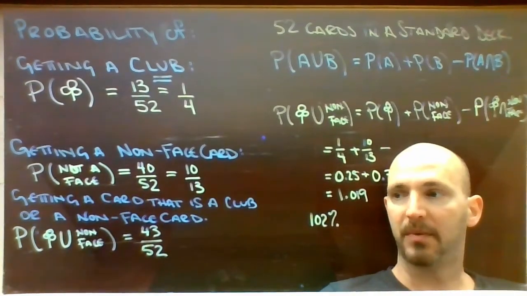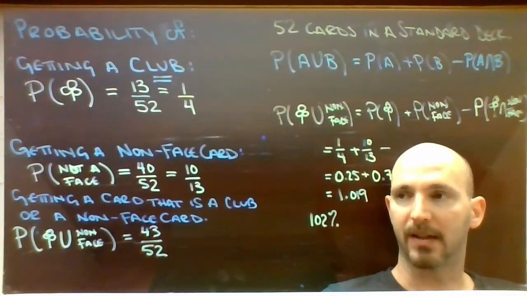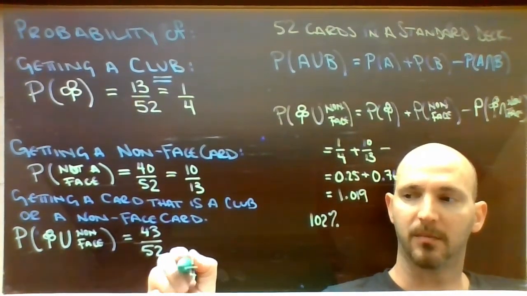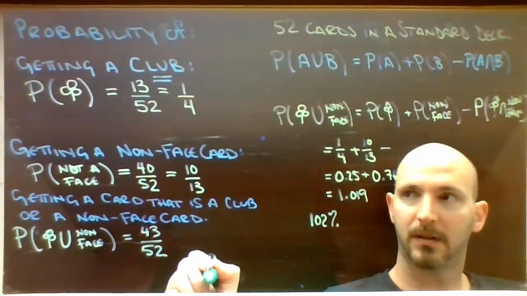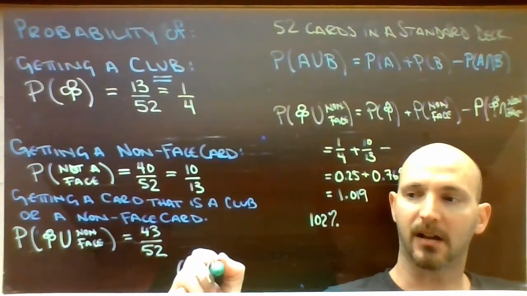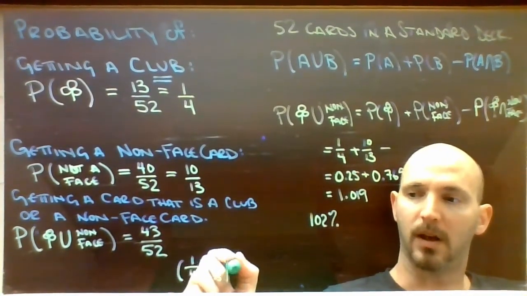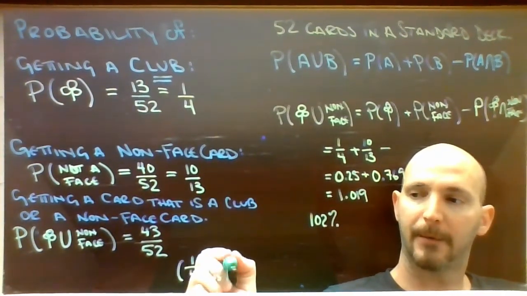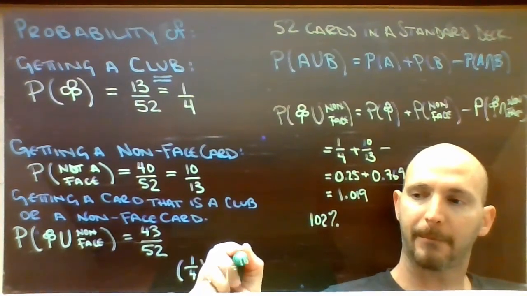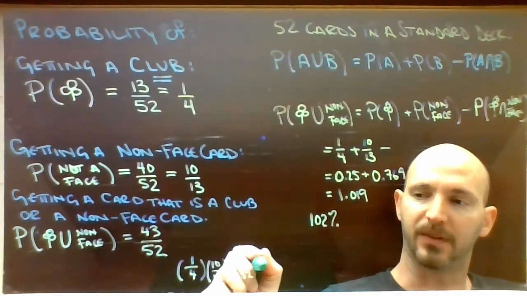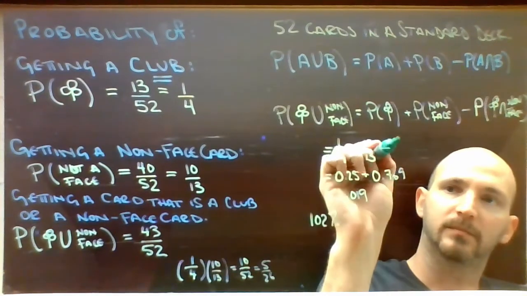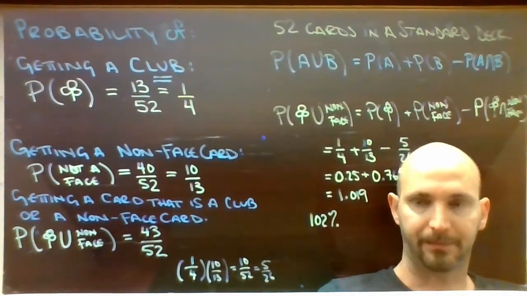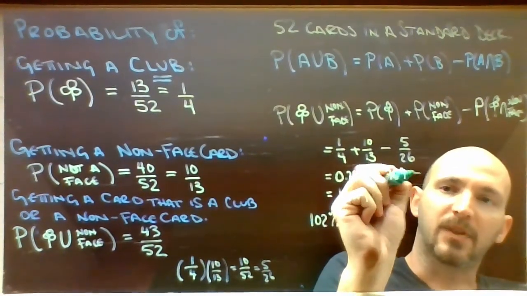See, what was the probability of them being a club and a non-face card? Well, I think we calculated that as being a club and a non-face card was 10 out of 52. Which was 5 out of 26. Gross. Now I could subtract that out as a decimal.